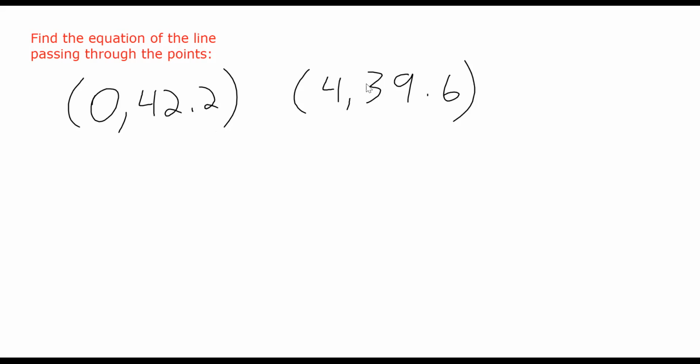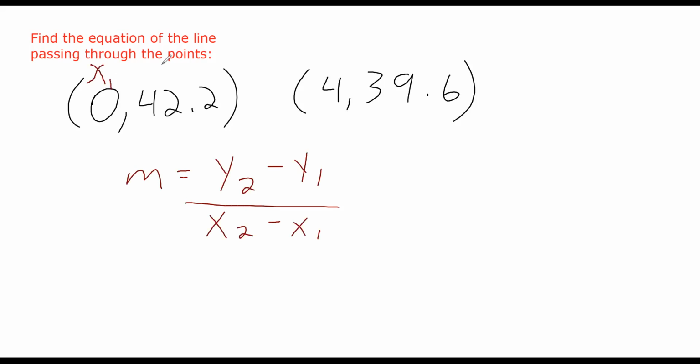Well, let's remember a few key formulas. The slope of a line crossing through 2 points is y2 minus y1 over x2 minus x1, where we will say this is x1, y1.